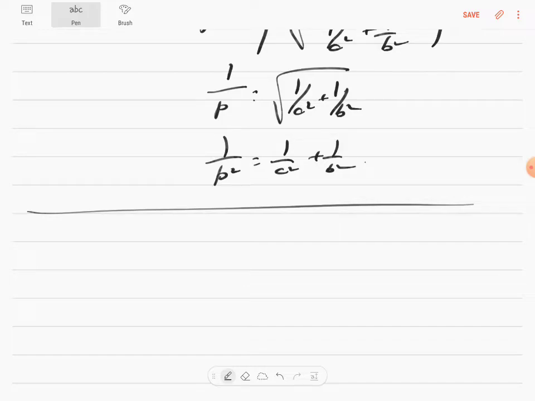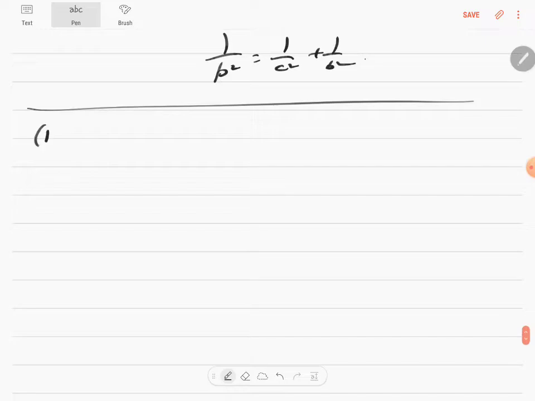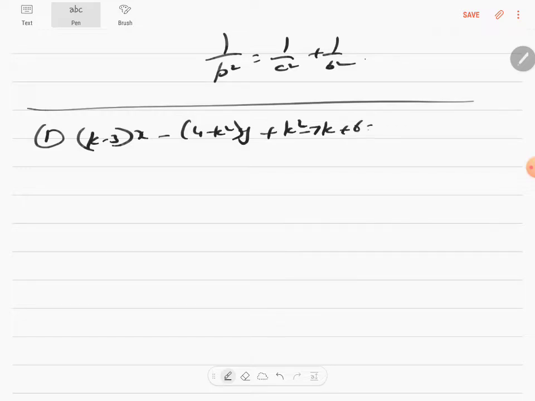Okay, the sum number 1 in the miscellaneous, I hope you all have the textbook with you. And this question is k minus 3 into x minus 4 minus k square into y plus k square minus 7k plus 6 is equal to 0 is the equation of this line. In this equation, if a line is parallel to x-axis, first of all, what will be the value of k?